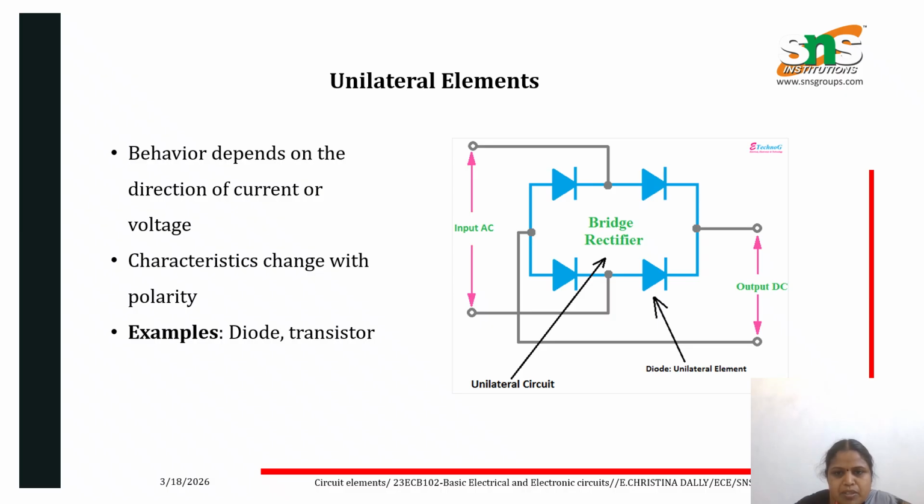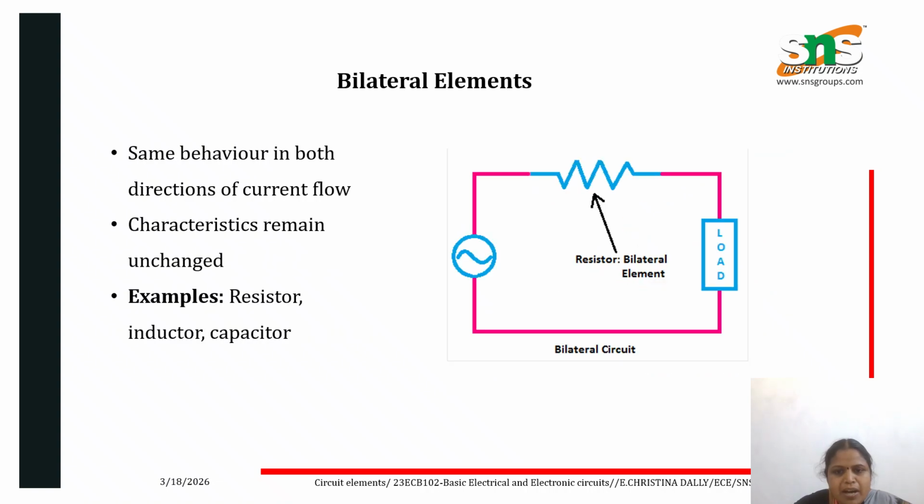Examples of unilateral elements are the diode and the transistor. Bilateral elements show the same behavior in both directions of current flow. The characteristics remain unchanged. The examples are the resistor, inductor and capacitor. So these are the bilateral elements.